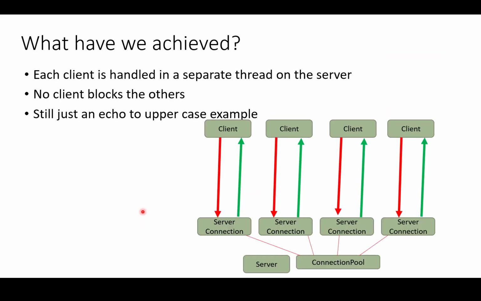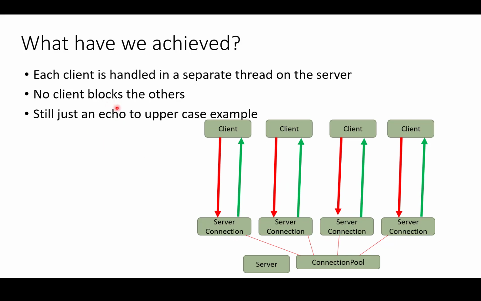All right, so next step, right? This would be the next step. So I have handled that each client is handled in a separate thread on the server, my server socket handler. None of the clients are blocking for each other, so they can all interact with the server without blocking for each other, but we still just have the uppercase echo thing.